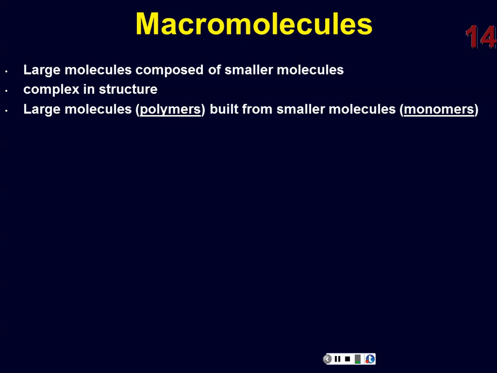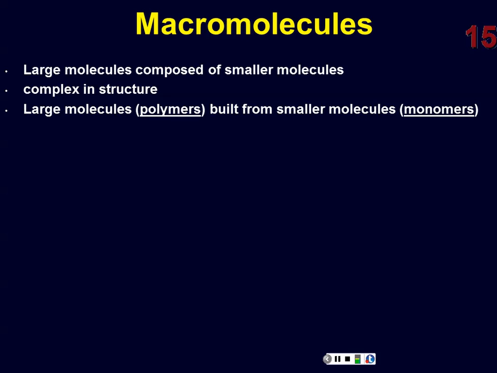What does poly mean? Many. What does mono mean? One. So we're going to call the individual units that make up these large molecules a monomer, and we're going to call the large molecule, the protein, a polymer of those monomers. Okay? So polymer and monomer are generic words. A good example would be a freight train. A freight train would be a polymer.